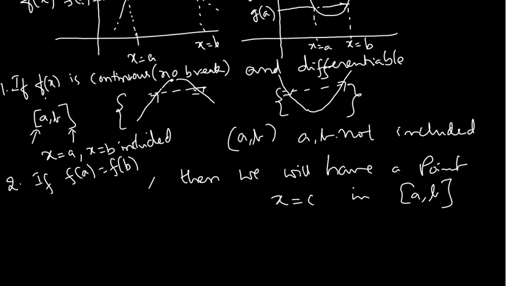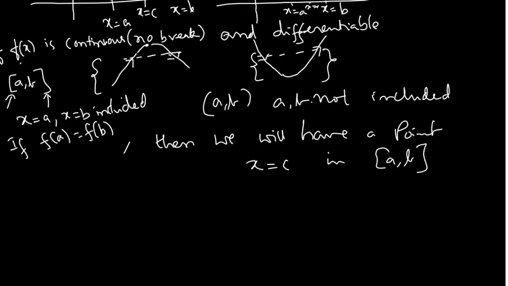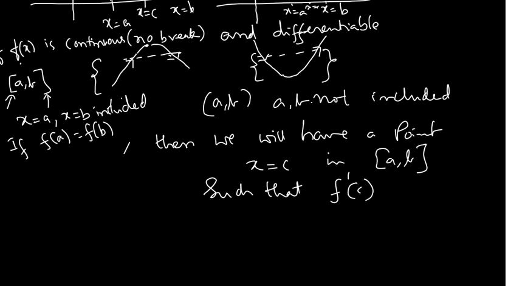That means between a and b, x value that x equal to c, such that you will have this as either a peak or a minimum point or a maximum point. So we will say such that f dash c equal to 0. So the differentiation at that point c will be 0. This is Rolle's theorem.